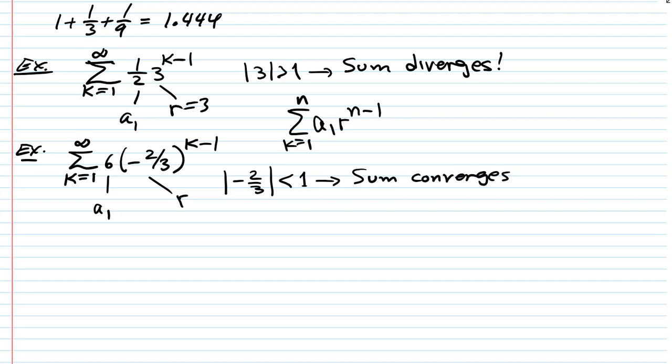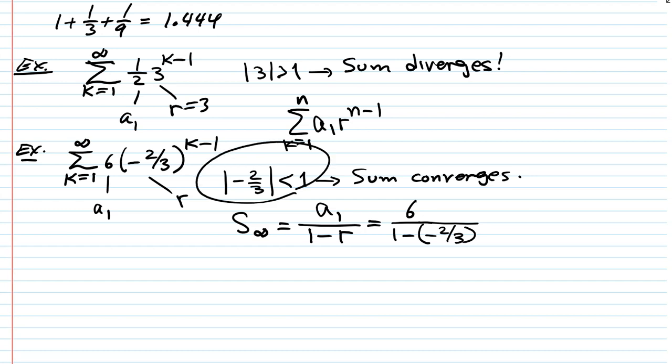Now, if it converges, we want to find the sum. So what is the sum to infinity? It's very simple. First term divided by 1 minus the common ratio. The first term is 6 divided by 1 minus, the common ratio is negative 2/3. Make sure you keep it as it is.